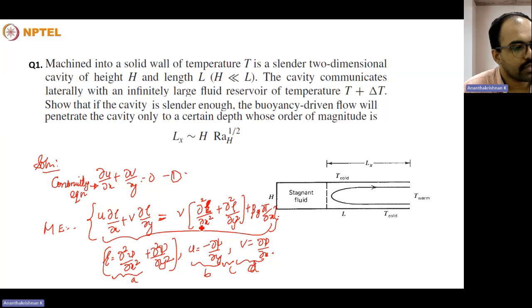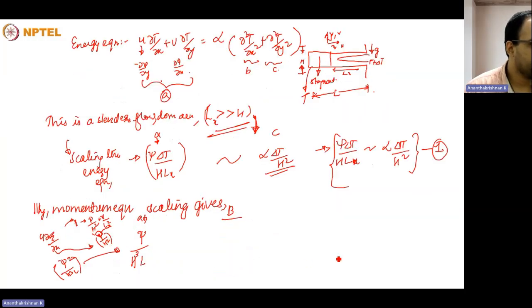So this is negligible compared to this, and hence only this remains. And epsilon can be scaled similarly as psi divided by h squared, and similarly another h squared and nu. So it will be scaled as nu psi divided by h raised to 4.